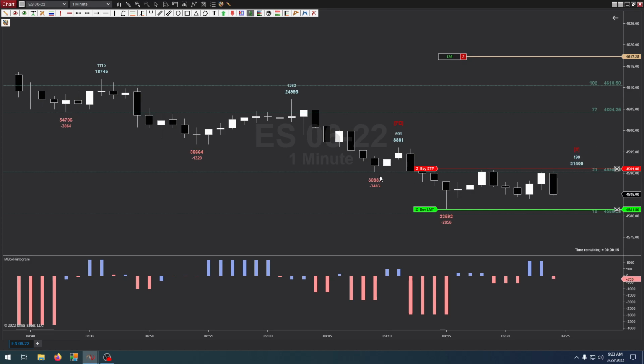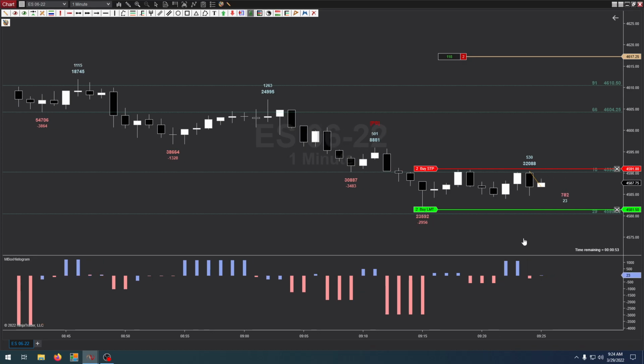I actually came up here and retested this level here. Trend Stooges just disappeared. We have a pretty decent amount of positive volume delta here. Yeah, it's having a hard time. Missed my target by 1 tick here.